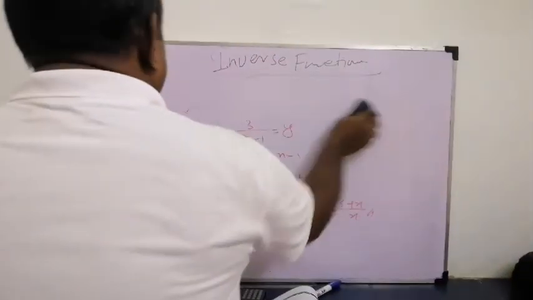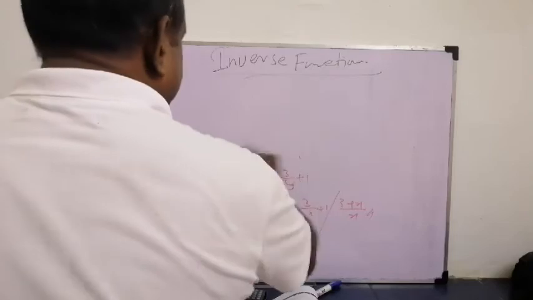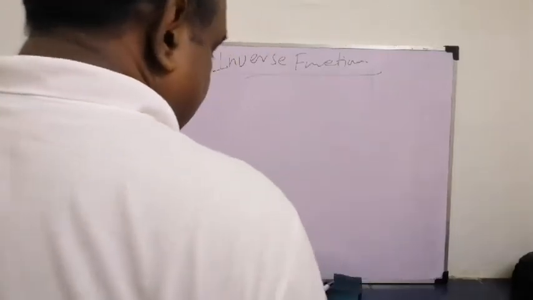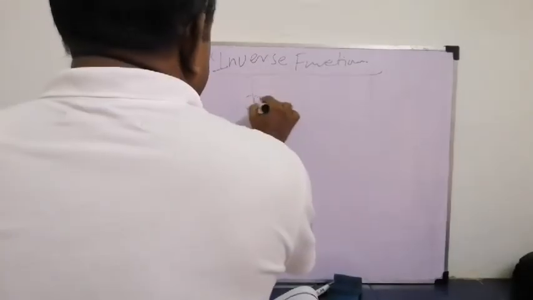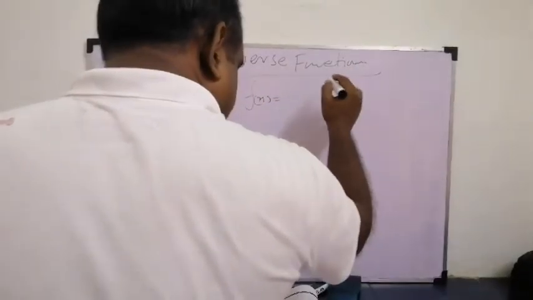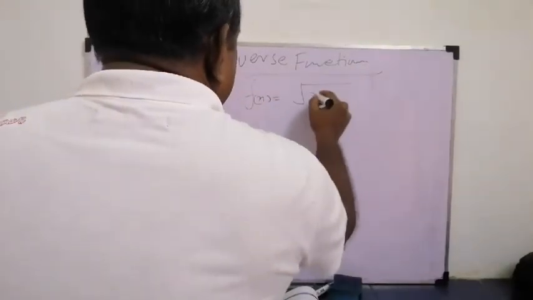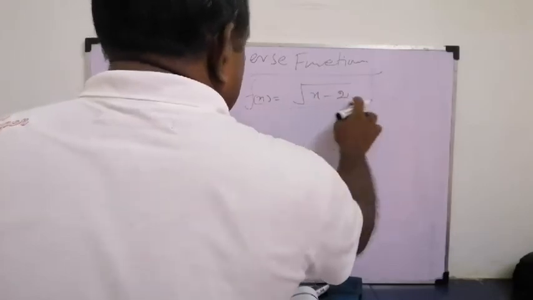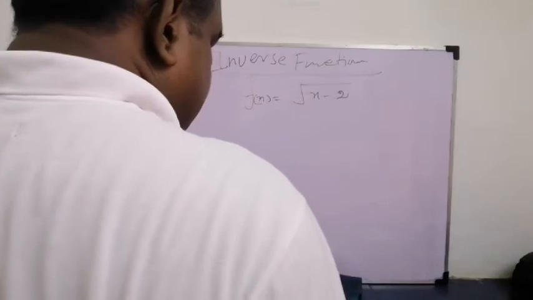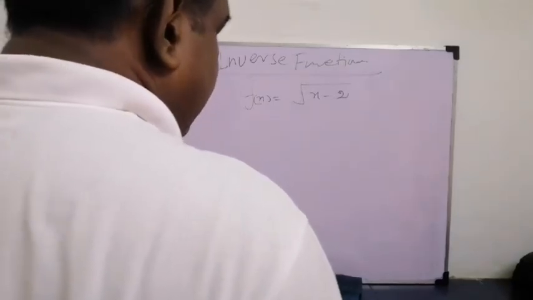Another one I'll do a little bit. So f of x is equal to square root of x minus 2. First, state the range of values.